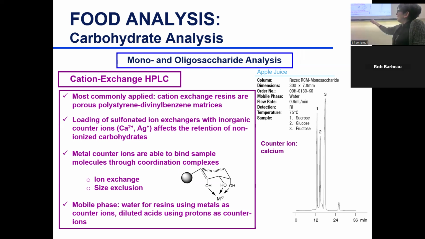So your carbohydrate will just interact with the positive ion, and then they will carry the positive charge and separate. Usually this kind of chromatography has a combination of ion exchange and size exclusion. You can separate based on size and charge for this particular application. Now this is least common for mono, di and oligosaccharide analysis.